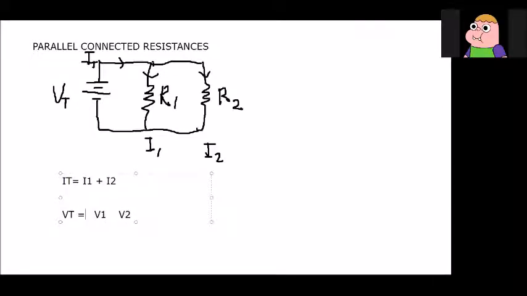Now, the relationship of the voltage 1 that results and the voltage 2 that results is equivalent to the sum of these individual voltages. When you add them together, it equals the supply voltage. Or, sorry, it is not added together, but the parallel principle is these voltages are all the same. We see this practical example whenever we connect our appliances in our house.